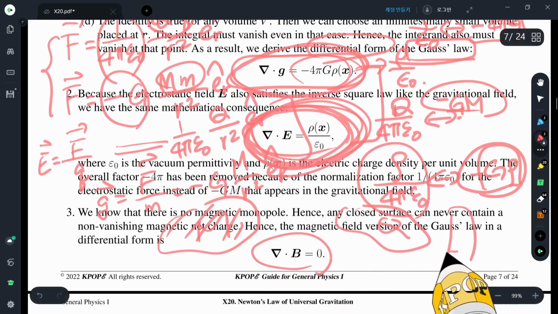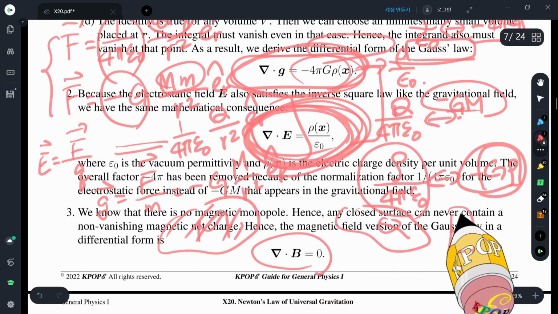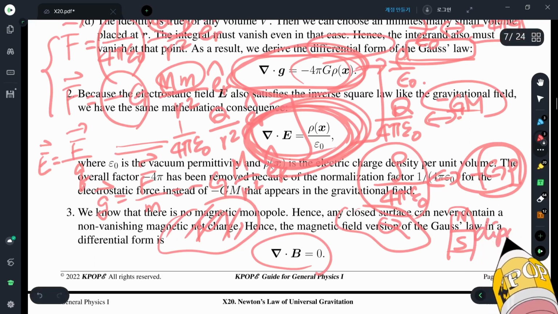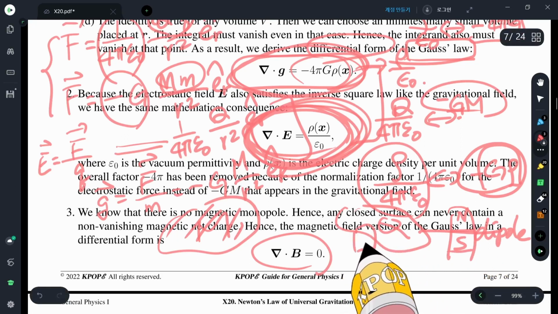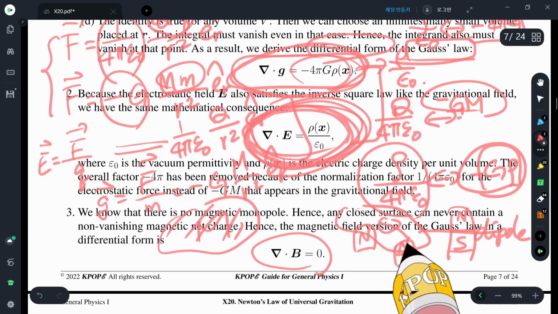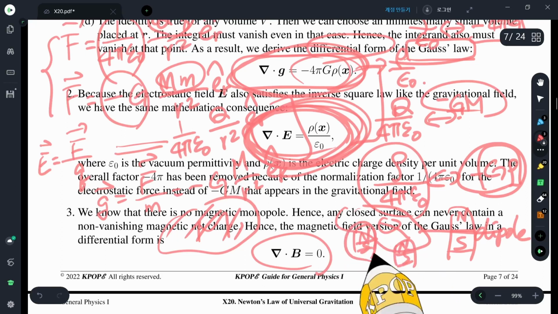Magnetic field is composed of north and south poles, and they form a dipole. Even though we break a magnet into two pieces, it is not a monopole, but it becomes another dipole.